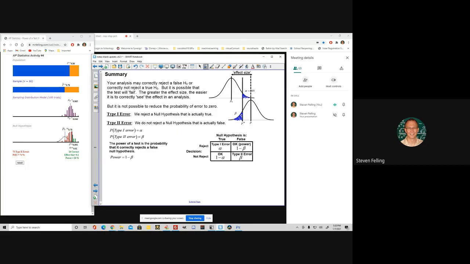All right, so just to summarize, your analysis may correctly reject a false hypothesis or correctly not reject a true hypothesis, but it's possible that the test will fail. The greater the effect size is, the easier it is to correctly see that effect. But it's really not possible to ever reduce the probability of these kinds of errors to zero.